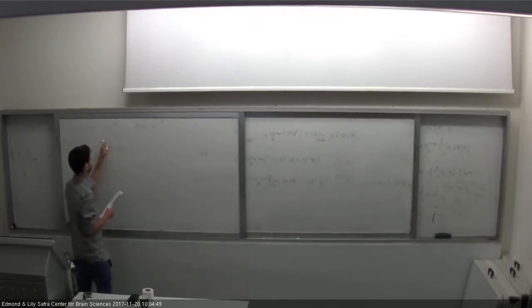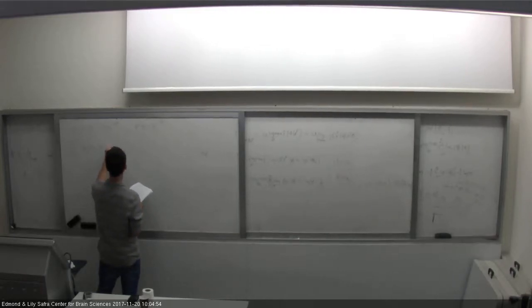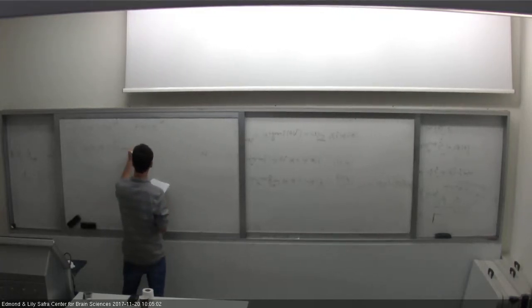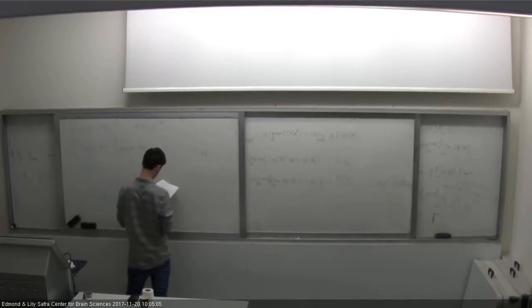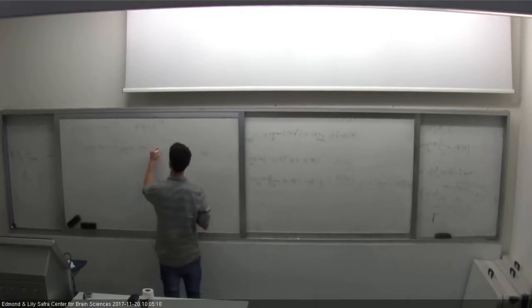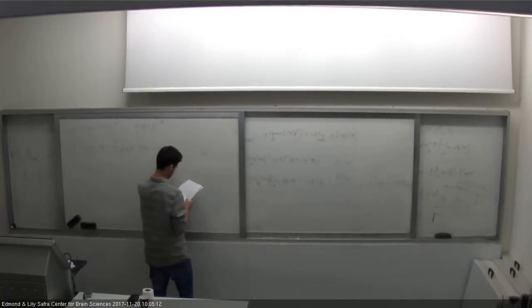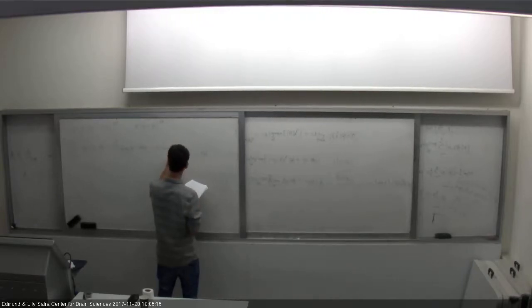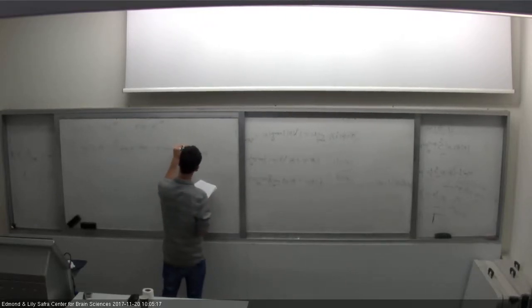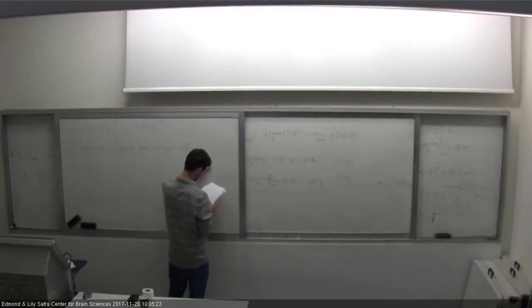If we put it here, this is the sum over n of log of theta minus theta xi, which is equal to n log theta minus theta sum over xi, plus some constant.